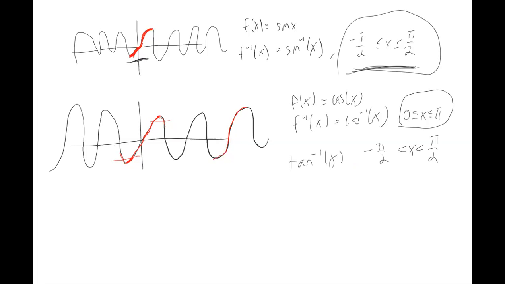Okay, with that being said, let's practice calculating inverse functions. So really quickly, if sine takes an angle to a number, what should inverse of sine do? Can anyone tell me?